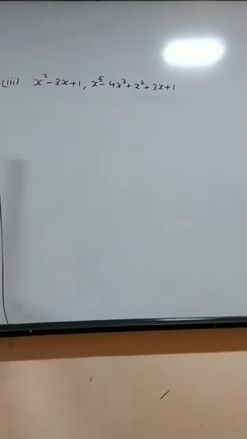A minus b whole square: a square minus 2ab is 2 into 2, 4 into x, 4x, plus b square, root 3 square is 3. So x square minus 4x, 4 minus 3, 1 is a factor of px. x square minus 4x plus 1 is a factor of px. So px is divided by x square minus 4x plus 1.